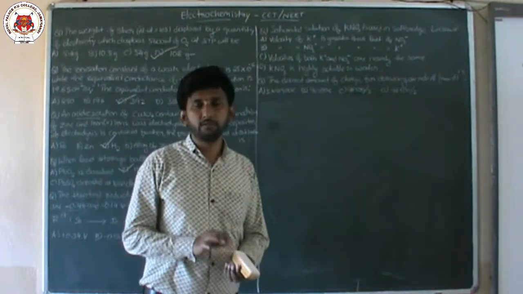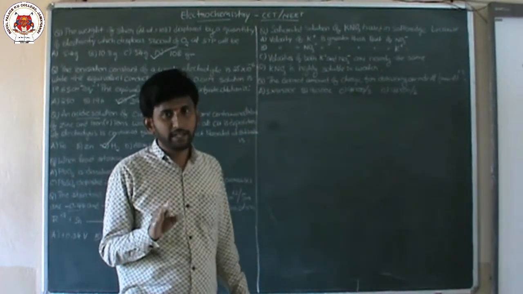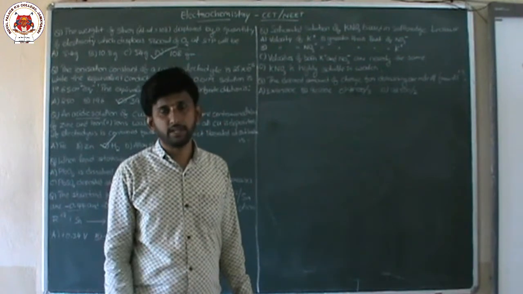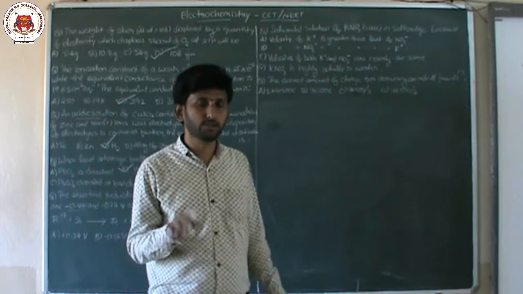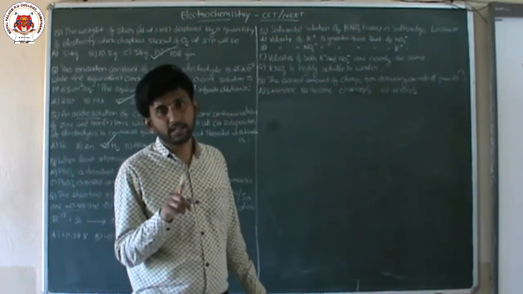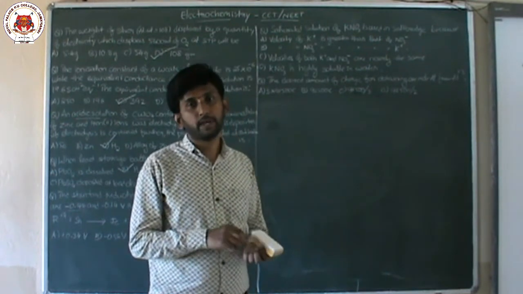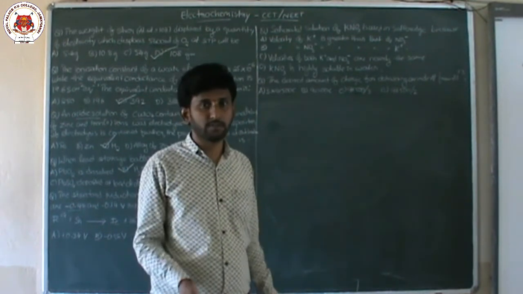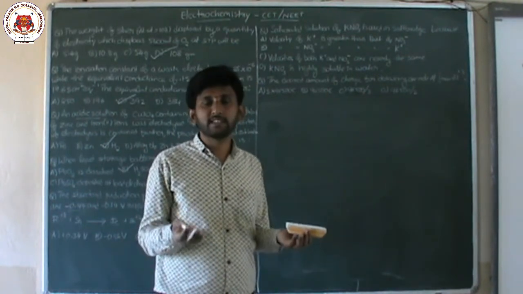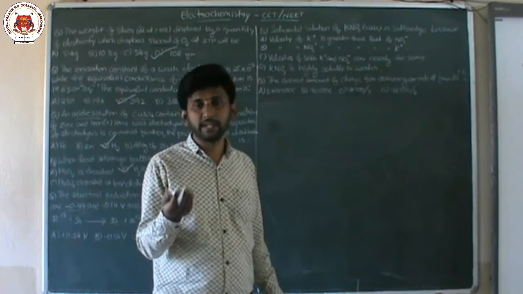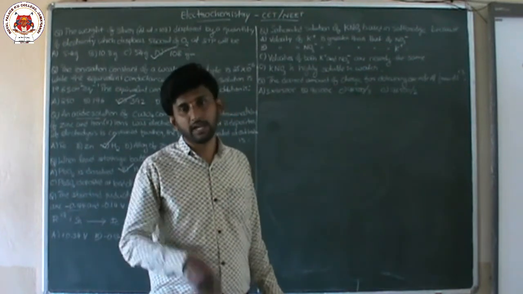Basically, the main function of salt bridge is to maintain electrical neutrality. It completes the internal circuit, and the main function is also to maintain electrical neutrality. To maintain electrical neutrality, the cations and anions must move with the same speed, because they have to balance the charge both in anodic compartment and cathodic compartment, the anodic half cell and cathodic half cell.